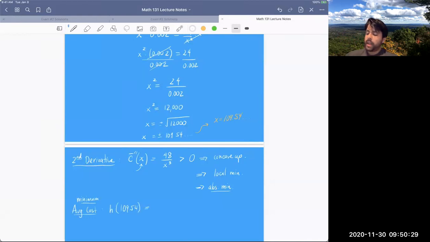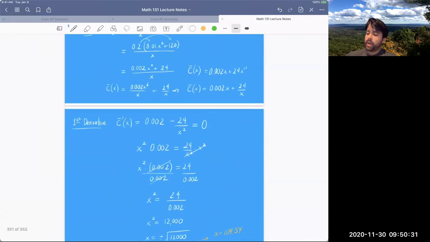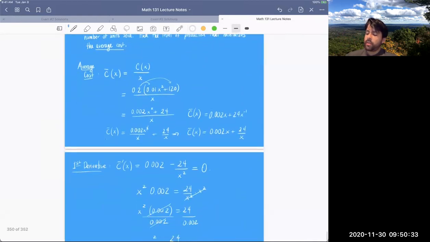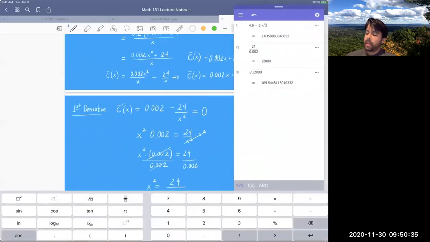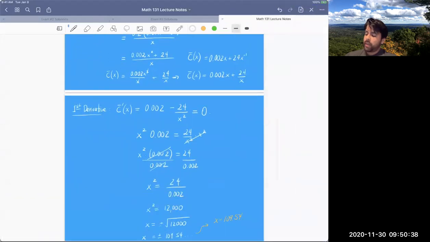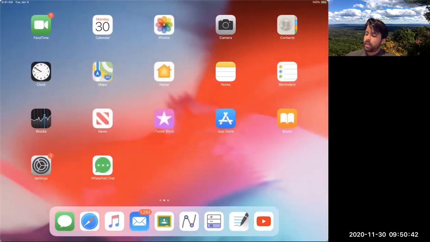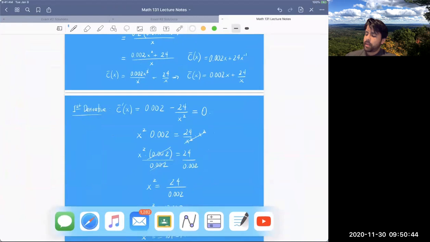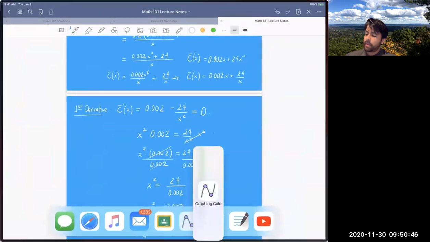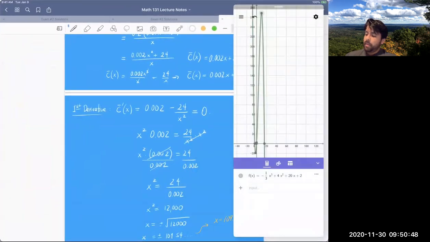So then what I'm going to do is graph this. Sorry, I don't know why it does that. So I'm going to graph the cost function.